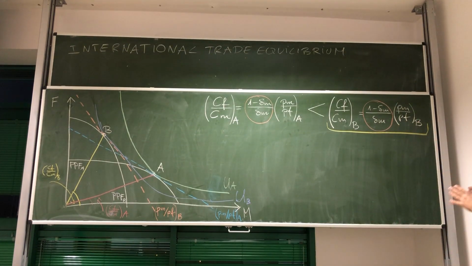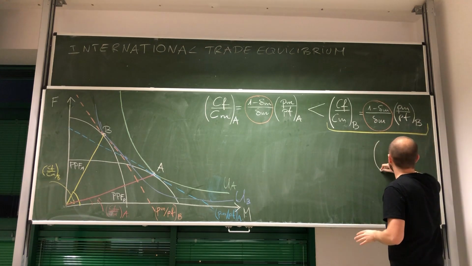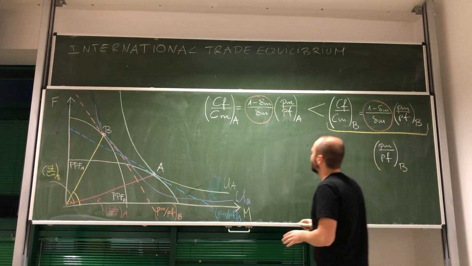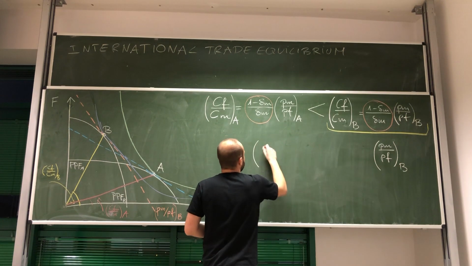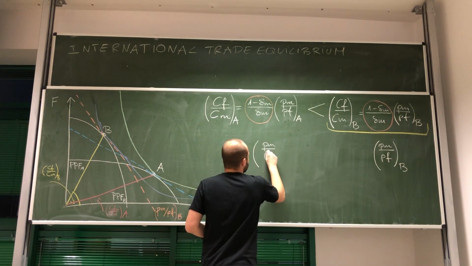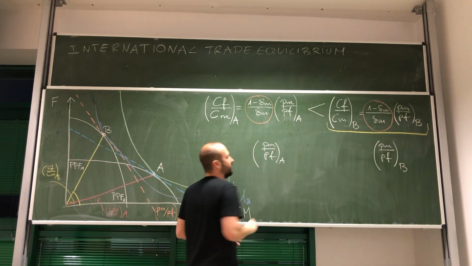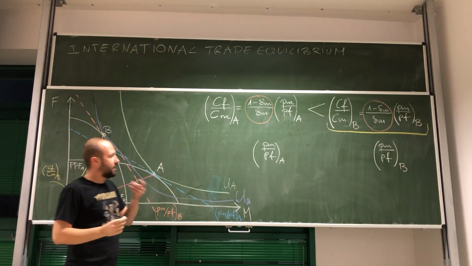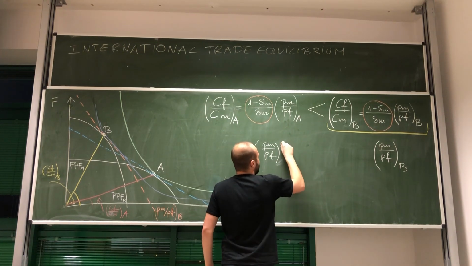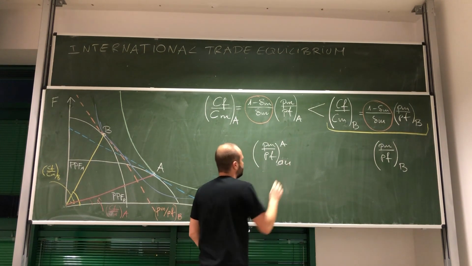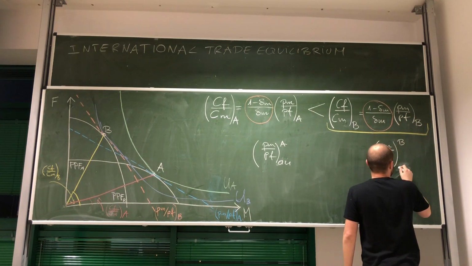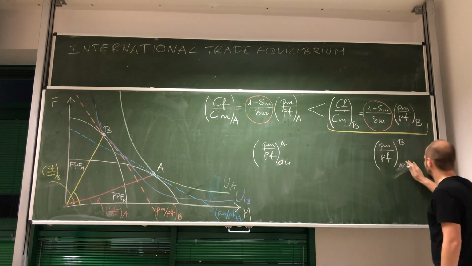Look, we know that the price ratio in Bolivia is definitely higher than the price ratio in Austria, right? So, okay, let's do it like this: this is the autarky price ratio in Austria, and this is the autarky price in Bolivia.